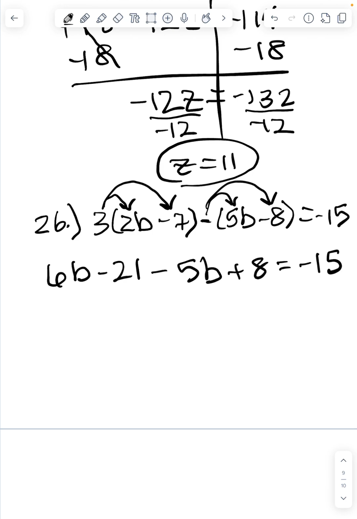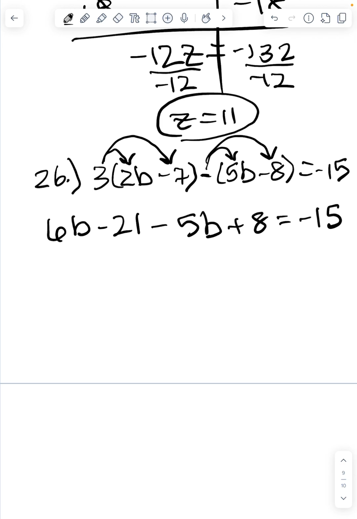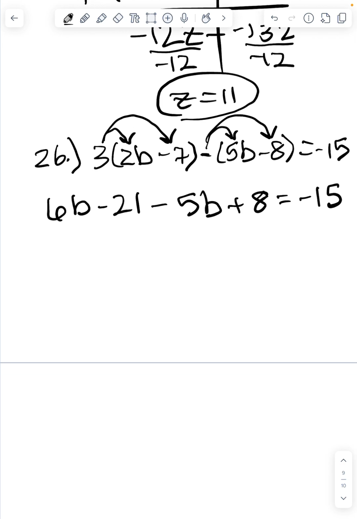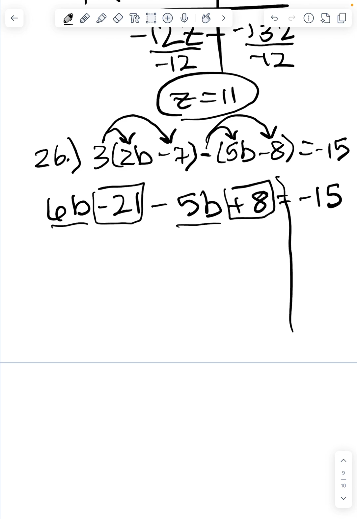All right, I skipped a little bit more steps here than I normally would. Hopefully you guys can follow along by now. Like terms on the left side of my equal sign, I've got b's, I've also got constants. So I have a 6b minus 5b, that's 1b. I'll just write b.